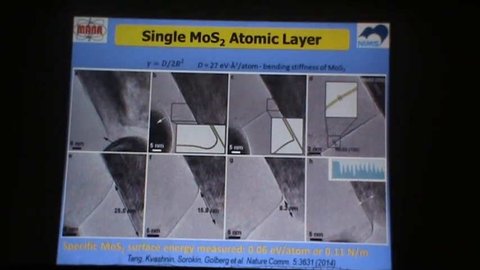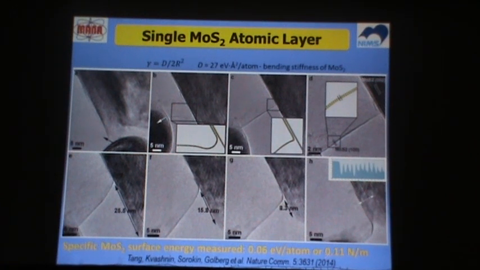And if we peel off just 1 atomic layer of molybdenum disulfide, in collaboration with the group of Boris Yakobson at Rice University, we calculated a very important fundamental quantity called surface energy.